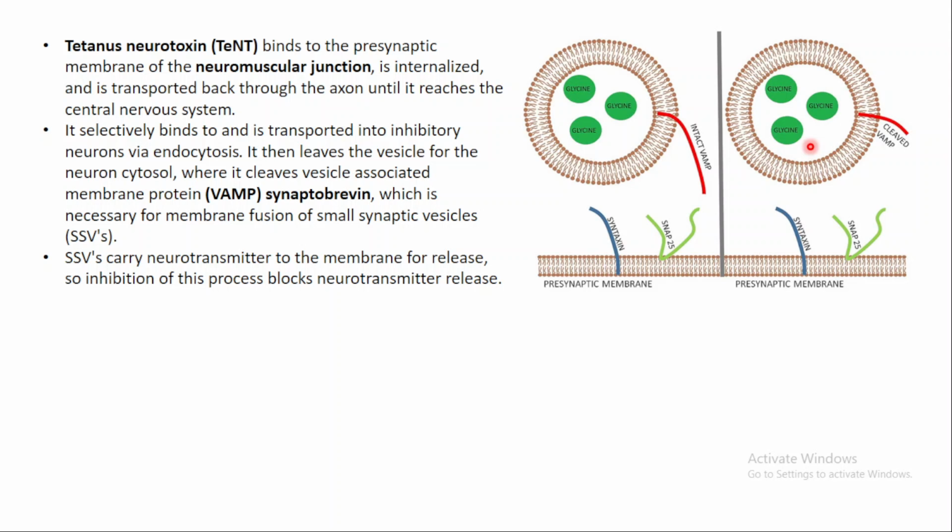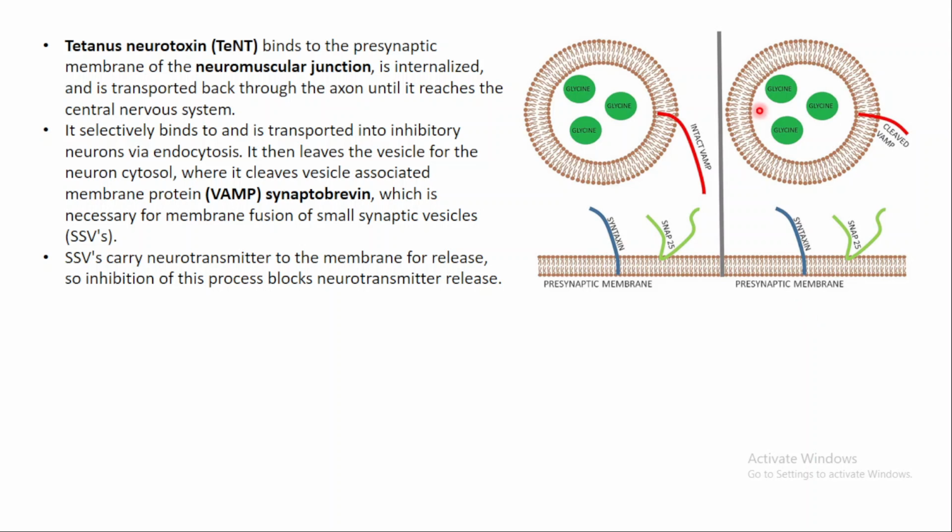This will command the receiving cell, or the muscle cell, to stop contraction or begin relaxation. Now this will only be possible when glycine or GABA is released from the presynaptic membrane. But the tetanus neurotoxin will cleave the VAMP, so this vesicle can no longer fuse with the presynaptic membrane and lead to release of glycine or GABA.